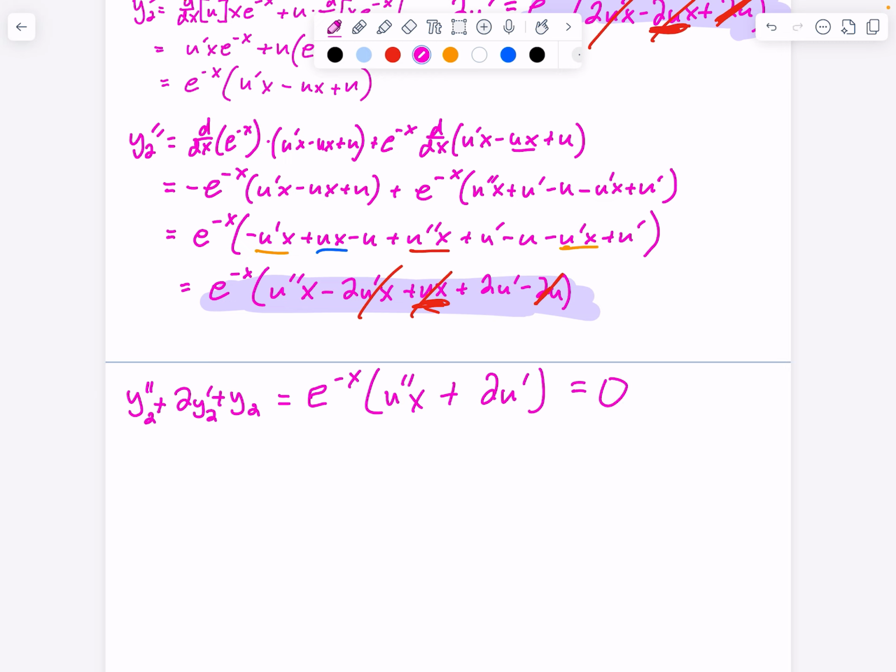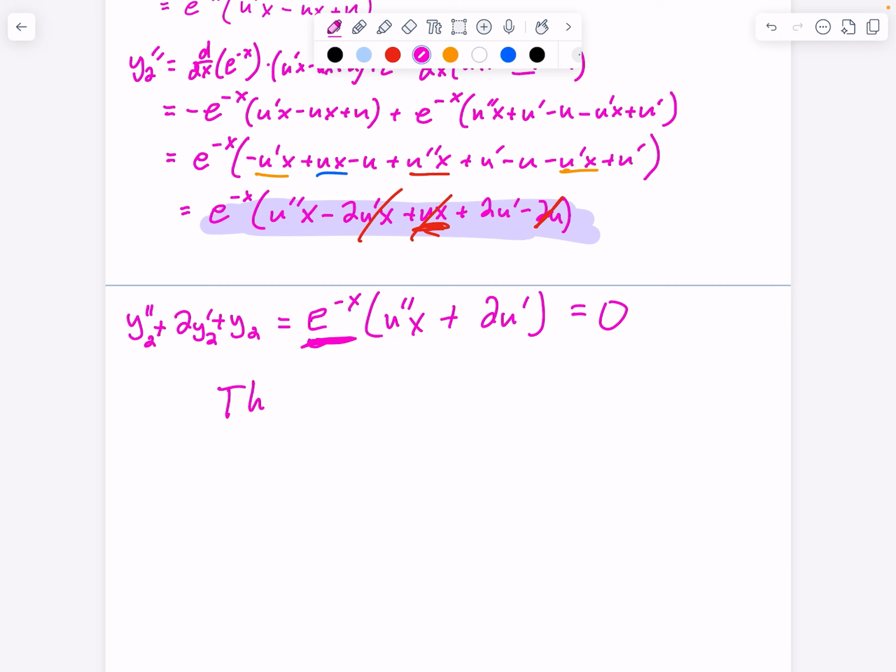All right, from here we can make a pretty big jump. E to the x, no matter what x you pick, will never ever be 0. So what that means is that the inside must be 0.